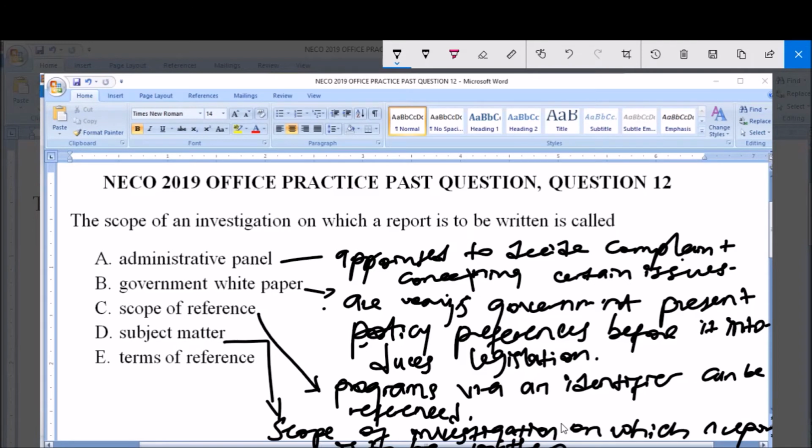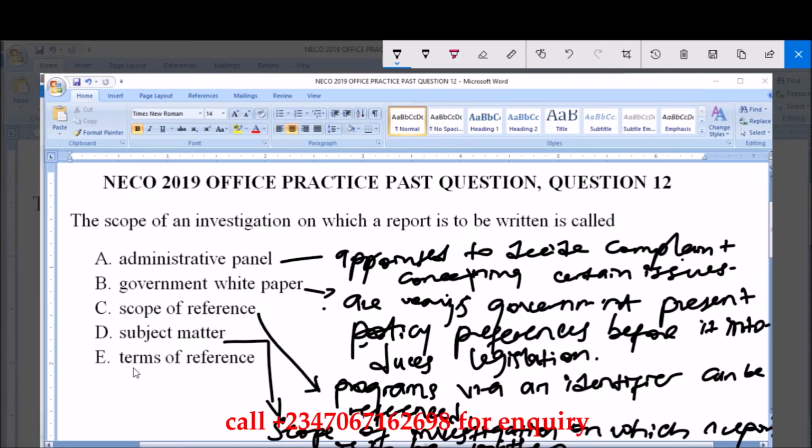In other words, we can say subject matter is the matter presented for consideration in discussion, investigation, thoughts, or study. So when we say subject matter, it simply refers to the central matter presented for consideration in any discussion, in any investigation. Therefore, it refers to the scope of an investigation. Maybe an investigation is about to be made in an organization. The subject matter of that investigation is the scope of that investigation on which the report is to be written.